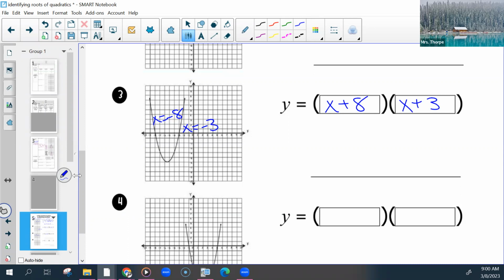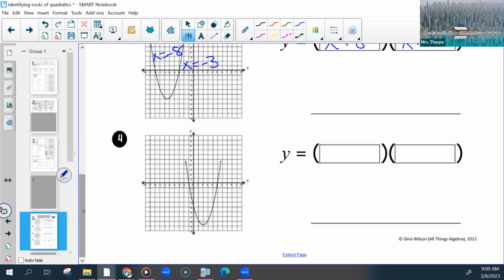Right, and then 4. What are your zeros or solutions? Negative 5? Positive 5. So then how would you write those in factor form?